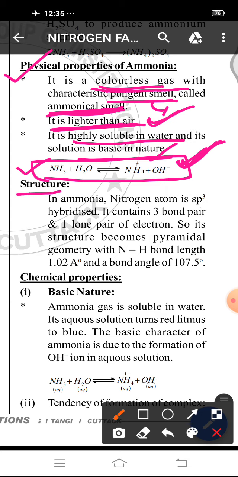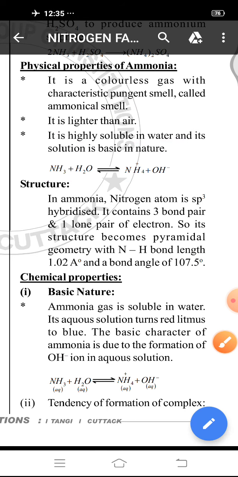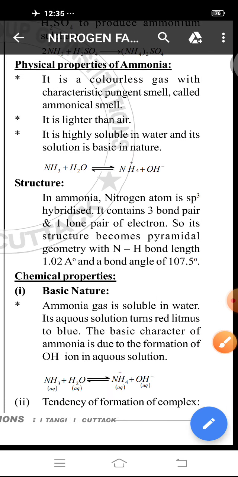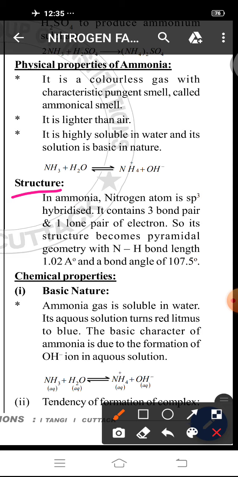Then we come to the structure of ammonia. In ammonia, there are 3 hydrogen atoms bonded to nitrogen.